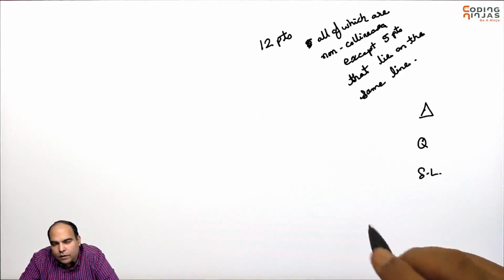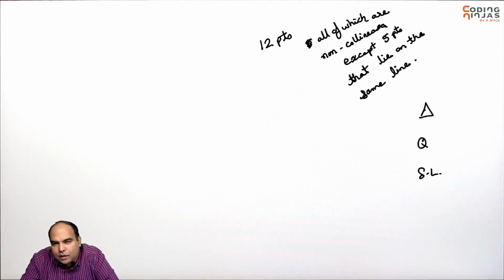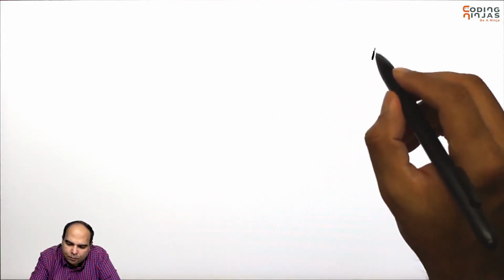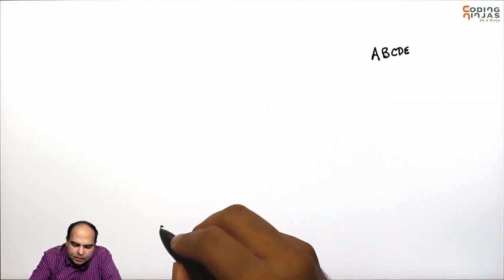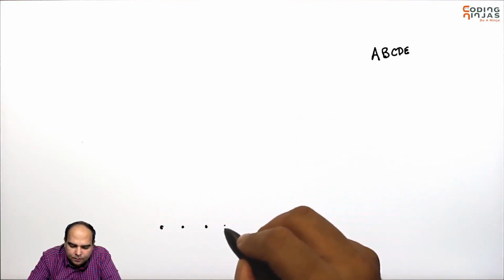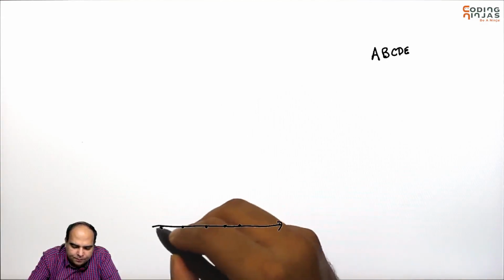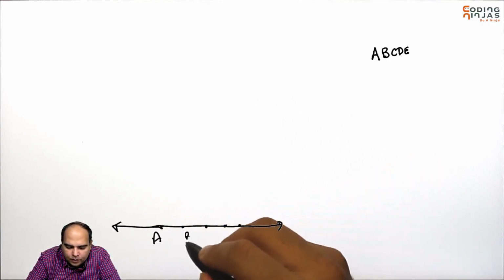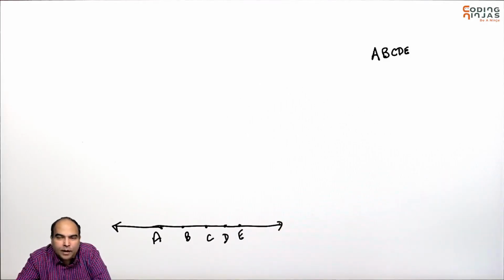This question, you might not be able to see it right now, but it is exactly the same as the men-women question that we did a little bit earlier. So what you have to do here is you segregate the points into the 5 collinear points. What this question is saying is that there is a straight line on which these 5 points lie. And apart from that, all the other points in this plane are non-collinear. That means no other 3 points lie on the same line. Non-collinearity basically means that.